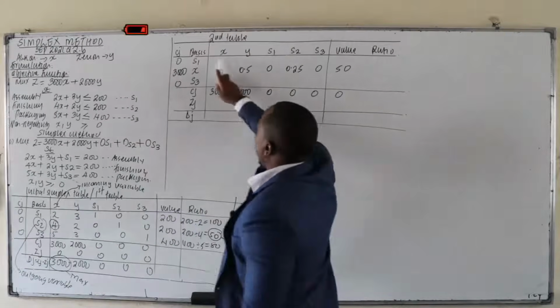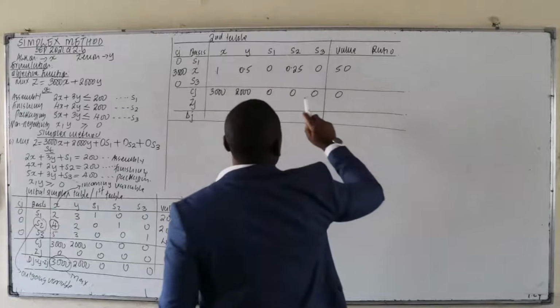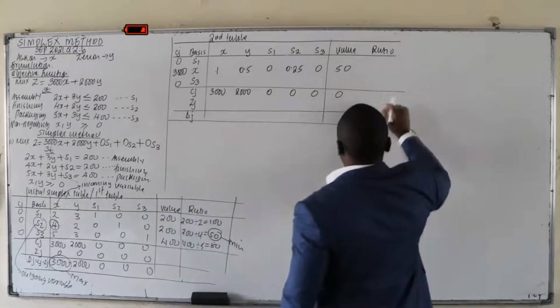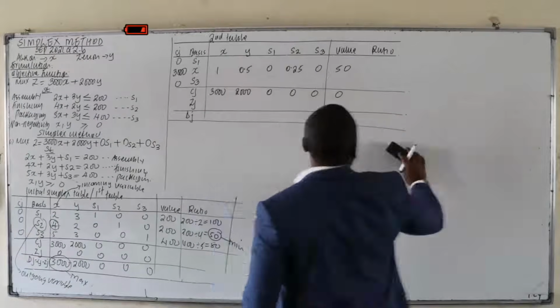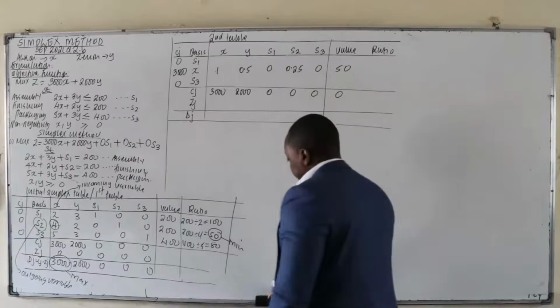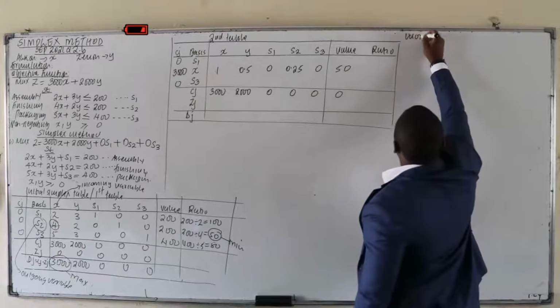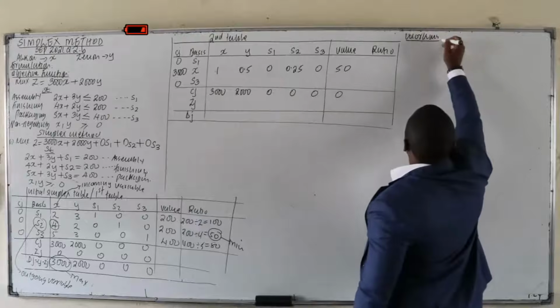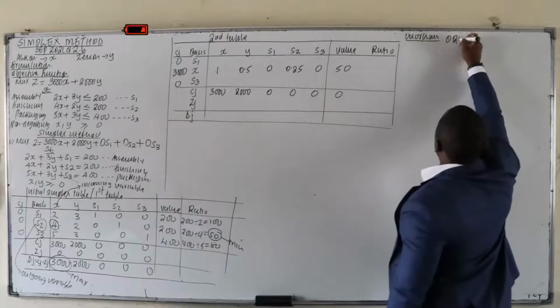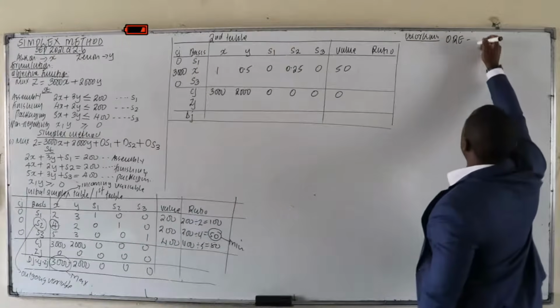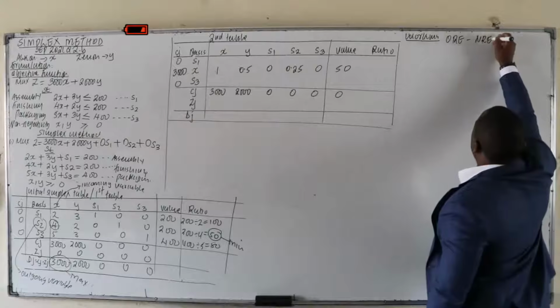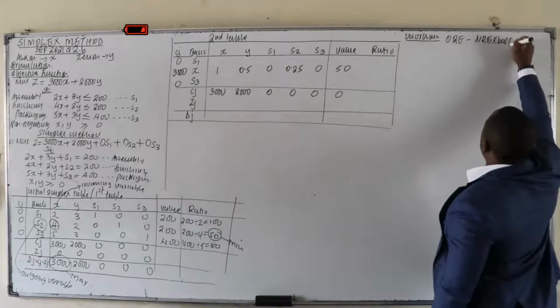What about S1 and S3? To get S1 and S3, we have a formula. This is how we get them. You take the original row element minus the new row element times the balancing figure.